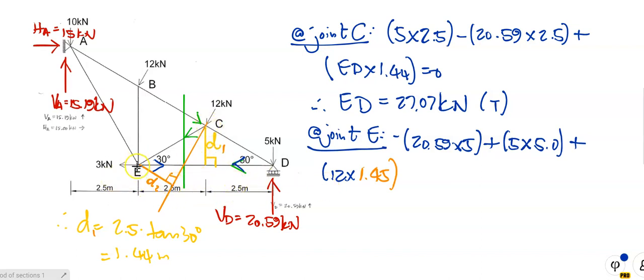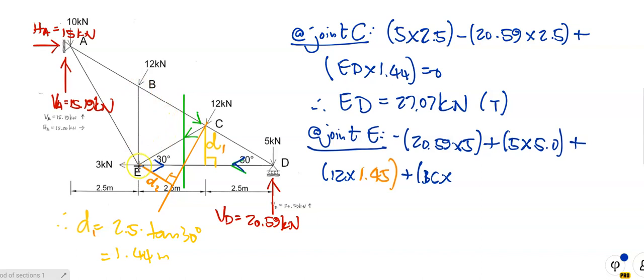And then, of course, about this point here, I must still consider BC. About this point, BC will be positive about E, so it's plus BC times. The lever arm for BC, there's my force acting for BC.